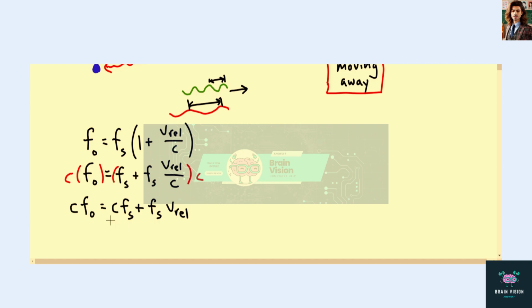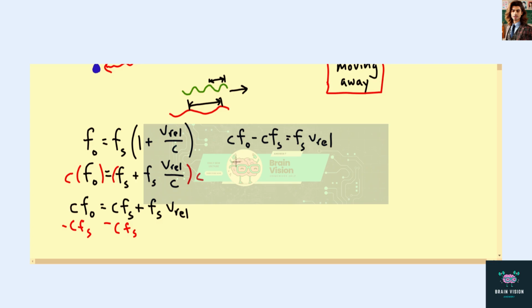Subtracting the c f_s over to the other side, we get c f_o, or f observer, sorry, minus c f_s is equal to f_s times the relative velocity.